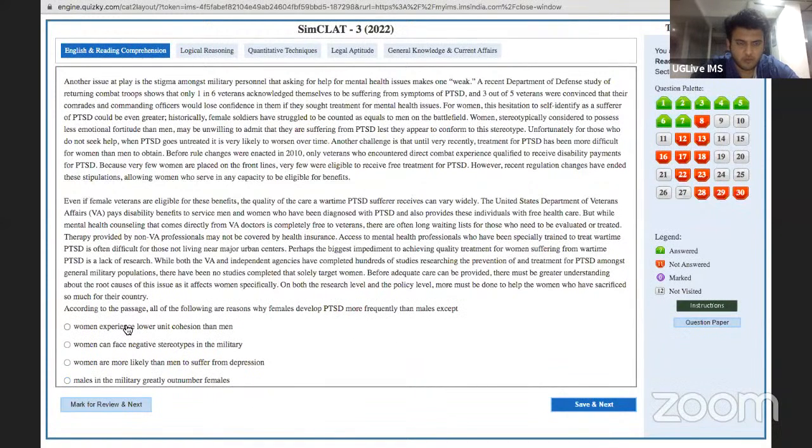All of the following are reasons why females develop PTSD more frequently than males except: women experience lower unit cohesion; can face negative stereotypes; more likely than men to suffer from depression; and greater number of females. Yes. What do you think should be the answer, guys? Men to suffer from depression.